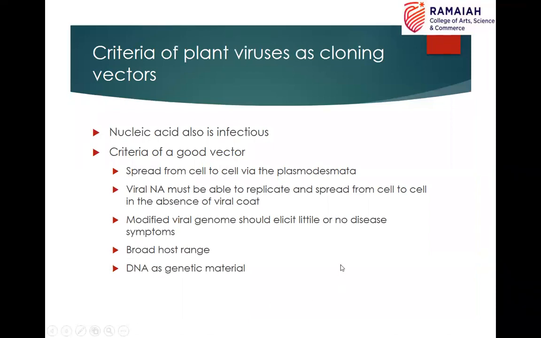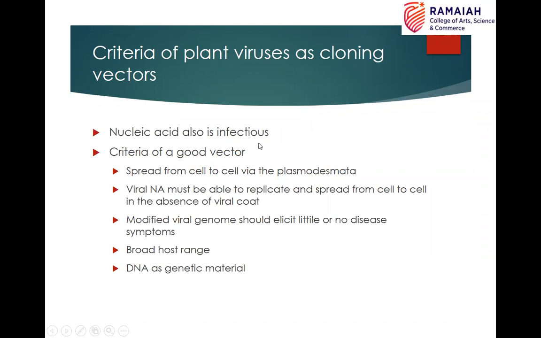So there are certain criteria for these plant viruses to use them as cloning vectors. If you look at these plant viruses, one attractive feature is that not only the intact virus particle can infect the plant, even the nucleic acid which is purified from this plant virus is also infectious.